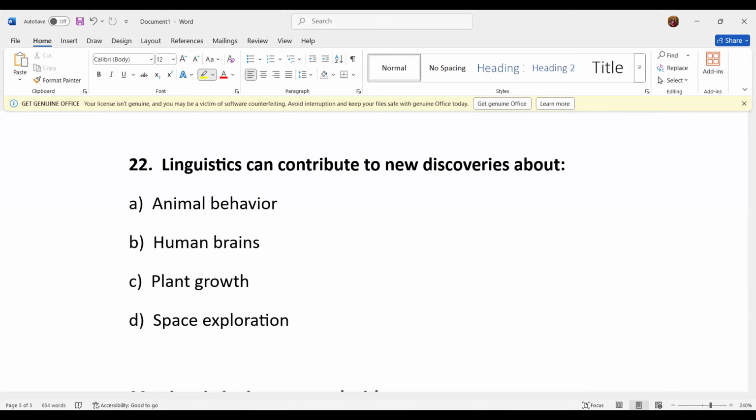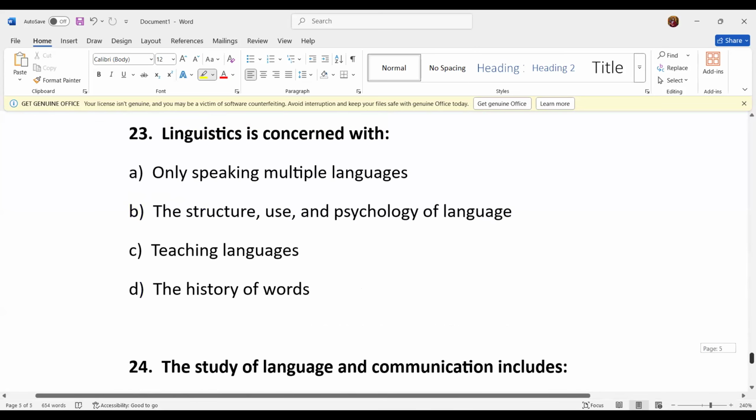Linguistics can contribute to new discoveries about animal behavior, human brain, plant growth, space exploration. Yes, human brain. Yes, answer B is the correct one.